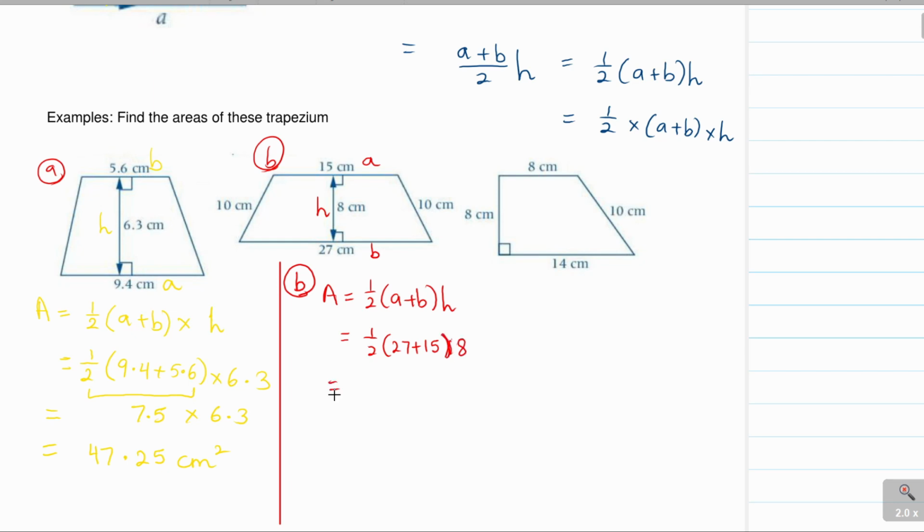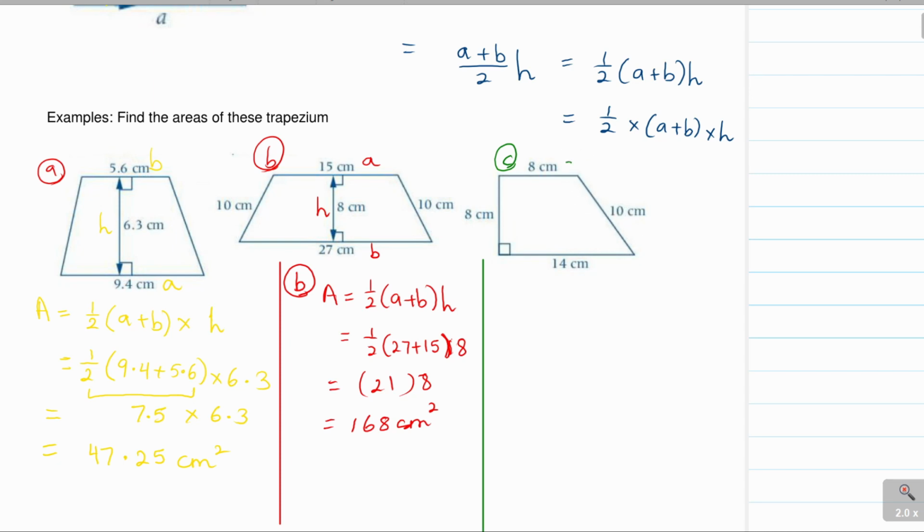So 27 plus 15 divided by 2 will give me 21, and then I'm multiplying that by 8 to give me 168 centimeters squared. Now part C, my perpendicular line is going to be here, this 8 centimeters and not this 10.